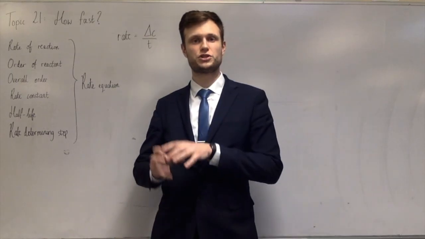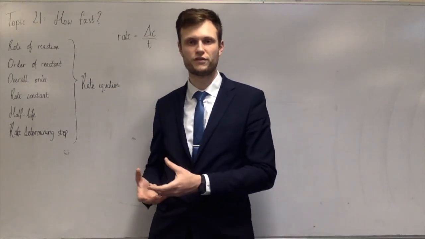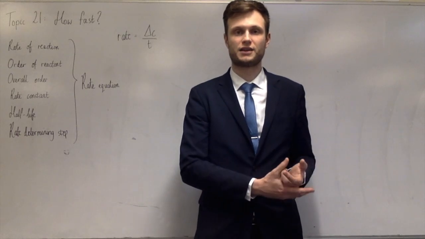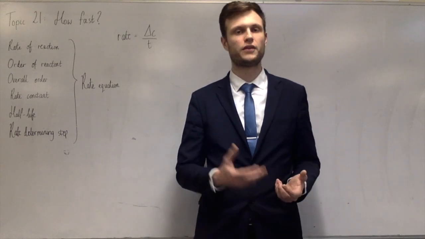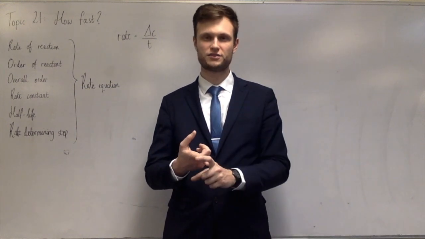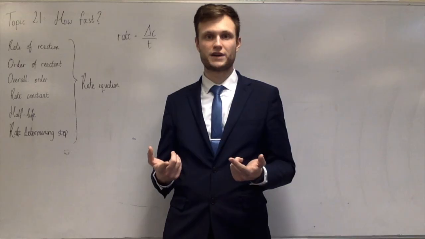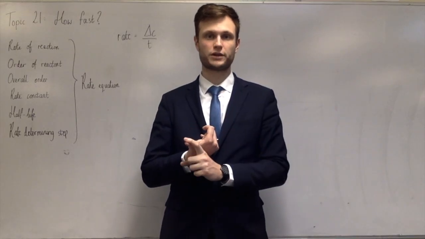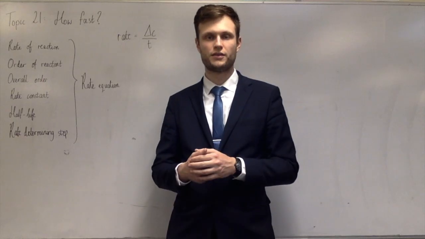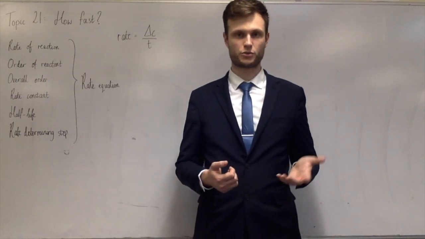And so the concentration of some reactants has more of an effect on the rate than other reactants. And some reactants have no effect at all on the rate. And the only 3 you need to be able to do are zero order, where it has no effect, first order, where it's directly proportional, and second order, where if you increase the concentration by a factor, then the rate increases by the square of that factor.